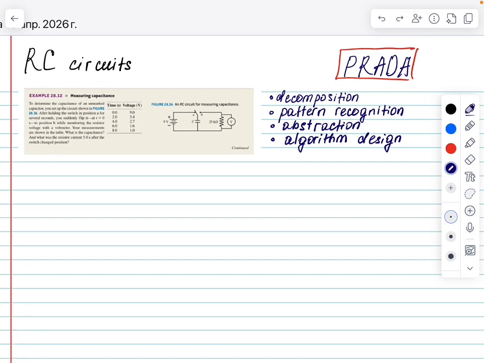So first I use decomposition and I break the problem into smaller parts. I identify what is given and what I need to find. What is given? Resistance.